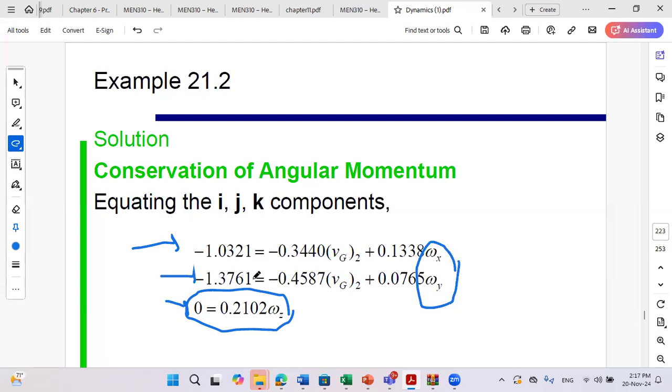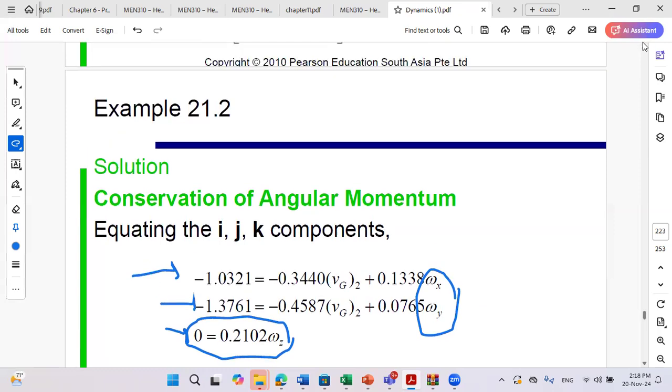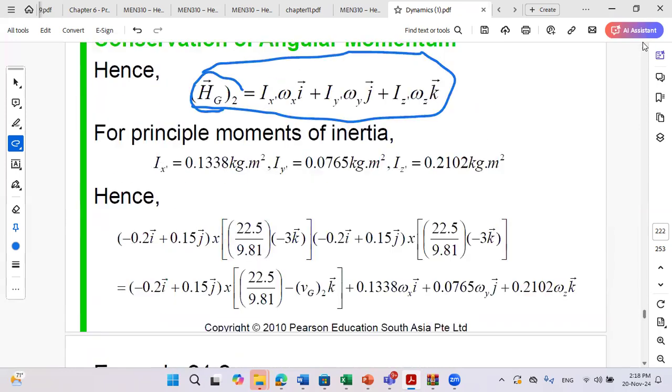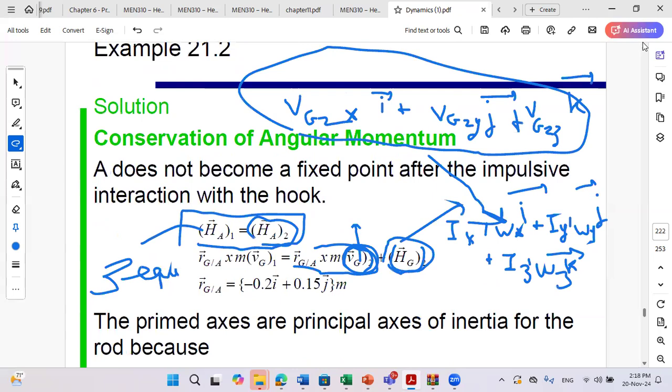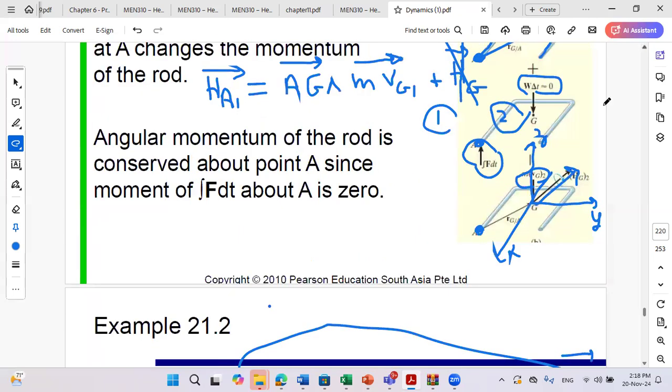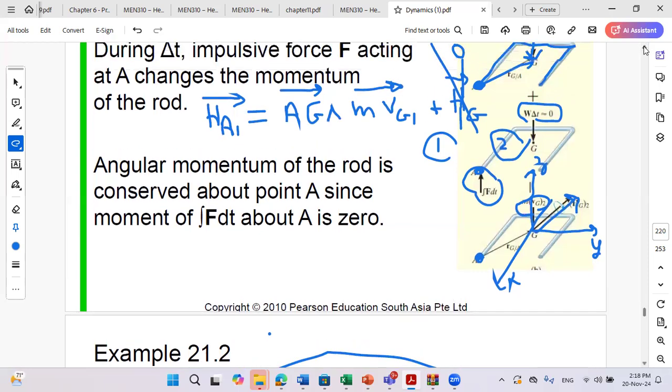But because in this system of equations, you have more than one unknown, and you have Vg2 x, y, z, but here, because they did, if you want, analysis, and they said that Vg2 should be perpendicular to AG, okay? So if you go to your figure, look at your figure. Just after collision, this is AG. AG is in which plane? In the horizontal plane.